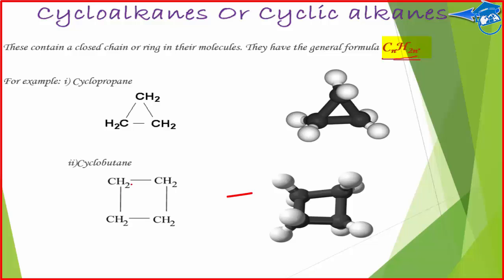Similarly cyclobutane: 1, 2, 3, 4, and then 2, 2, 2. For cyclopropane, 3 carbons, so C3 and 2n is 6, C3H6. Similarly for cyclobutane, C4H8. This is the normal structure which we draw, and this is the 3D representation.